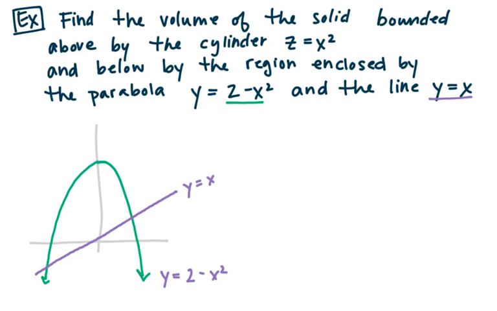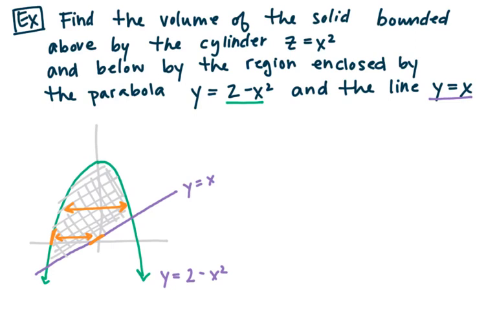Now, when we look at our region here, this shaded region, do we want to set our bounds to be integrated with respect to x first or with respect to y? If I think about left and right, integrating with respect to x first, going from left to right here, as I move down through my region, you notice the left and the right bound change.